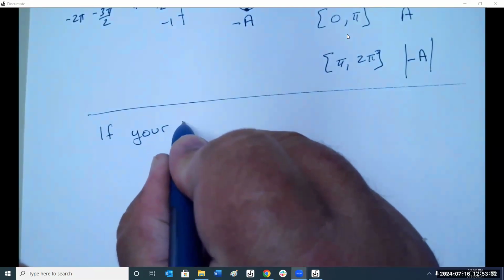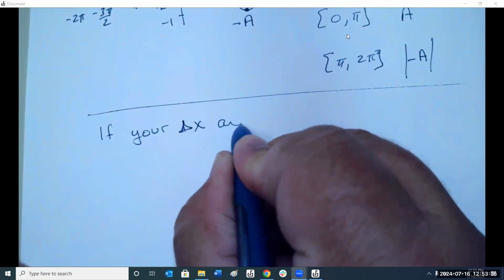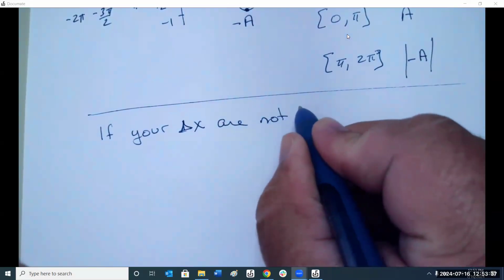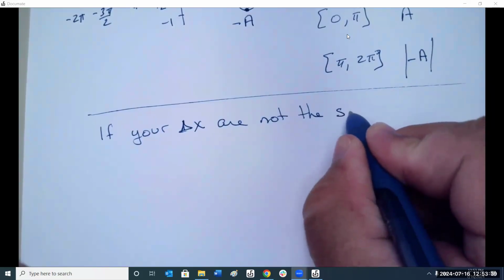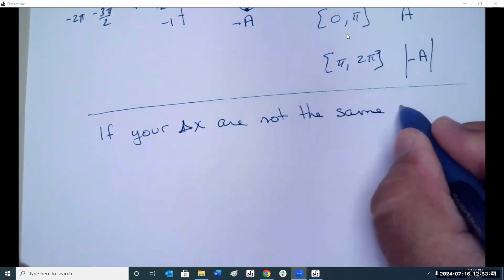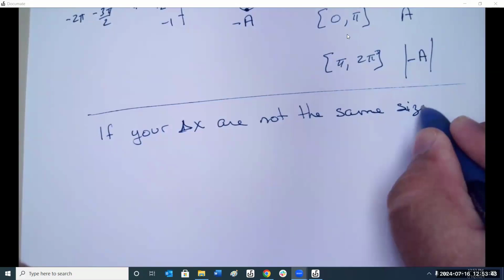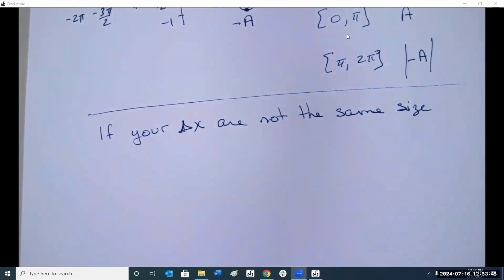If your intervals, if your delta x are not the same size, there are situations where it can occur.